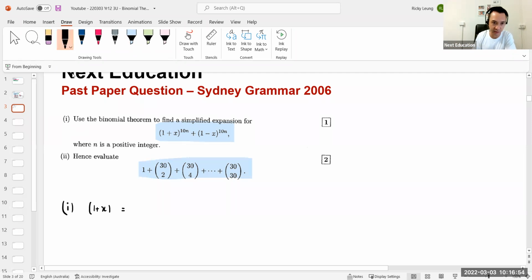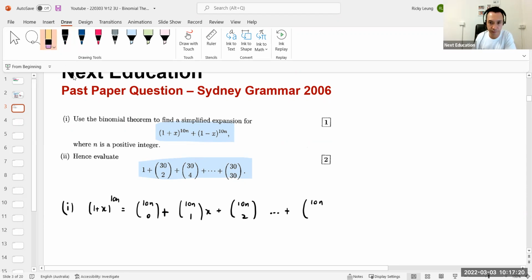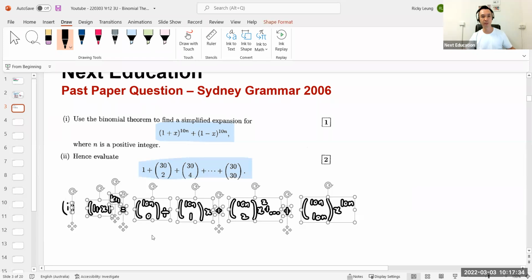The only difference actually that it makes is that I start with 10n choose 0, plus 10n choose 1, plus 10n choose 2, plus 10n, oh, I forgot the x, didn't I? x squared, plus 10n, 10n.